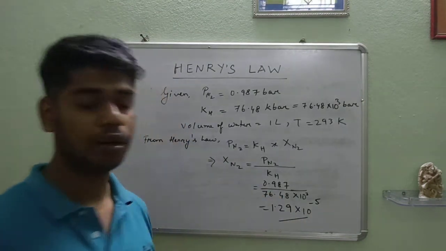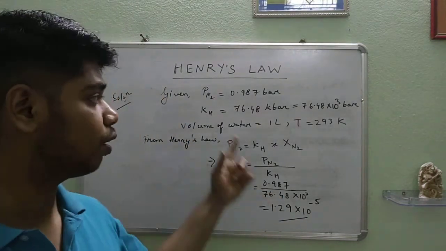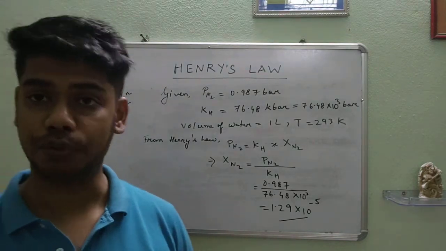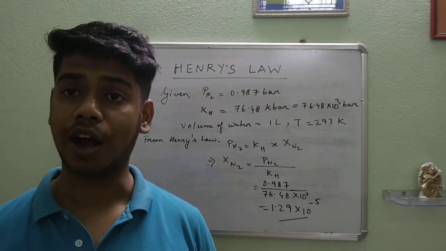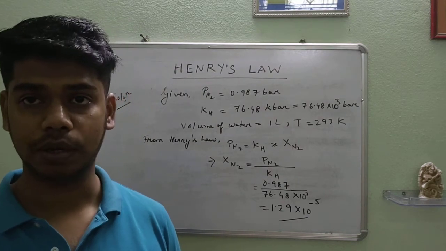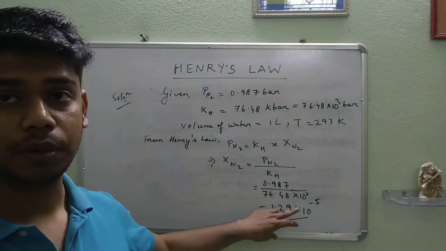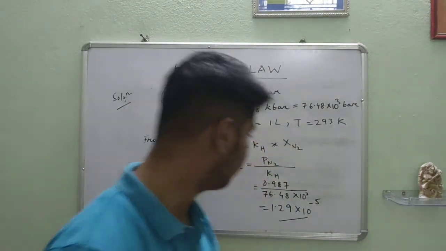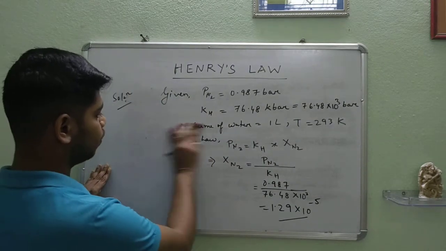So this is the value of mole fraction of nitrogen which is dissolved in 1 liter of water. But we are not asked to find mole fraction. We are asked how many millimoles of nitrogen will be soluble, so from this we have to find out the number of millimoles.